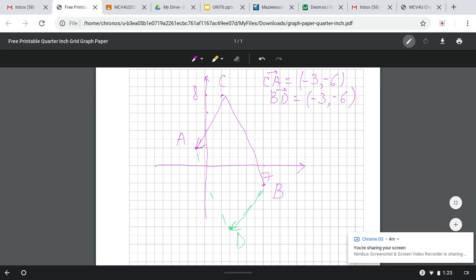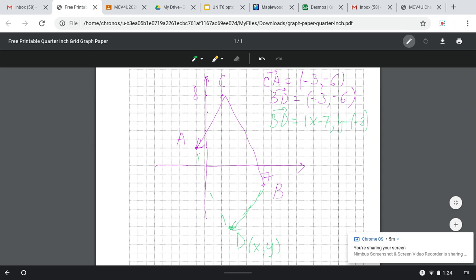On the other hand, if, let's say, the coordinates of point D are x and y, then I can say that the vector BD components can be written as x minus 7 and y minus -2.